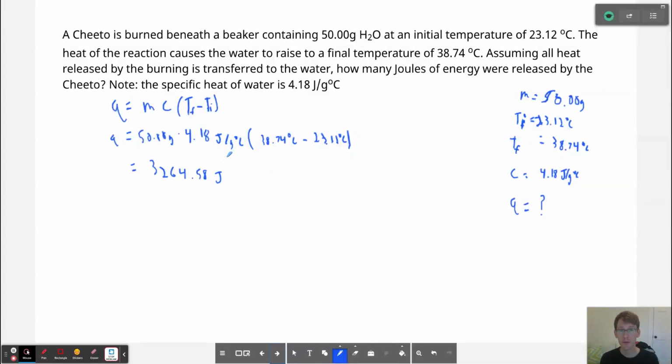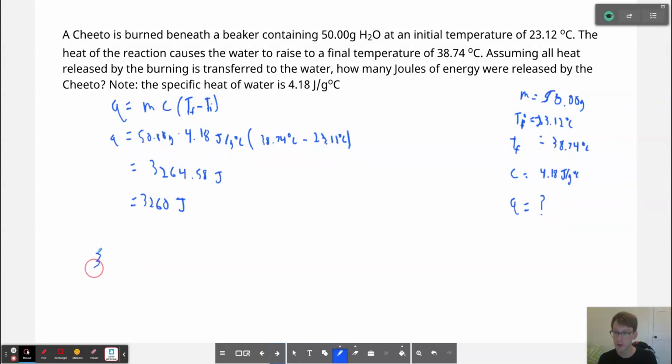Now let's make sure that we have the right number of sig figs. What I'm seeing here is our specific heat of water actually is going to be our limiting factor here with 3 sig figs. So I need to make this 3,260 joules, which, okay, since we're talking about burning a Cheeto, it's food, why don't we put this into terms that you guys are more familiar with, calories, right? You look at nutritional information in a bag of Cheetos and you don't see joules as your energy, you see calories.